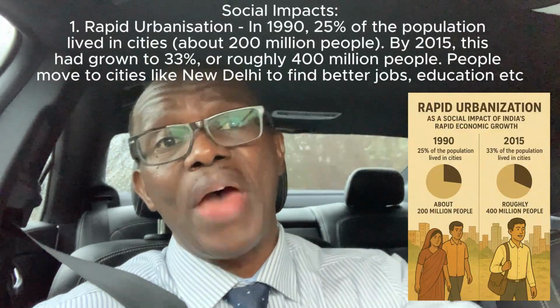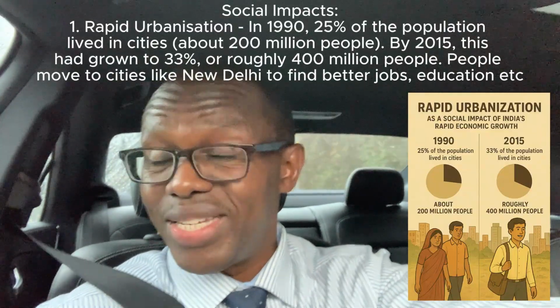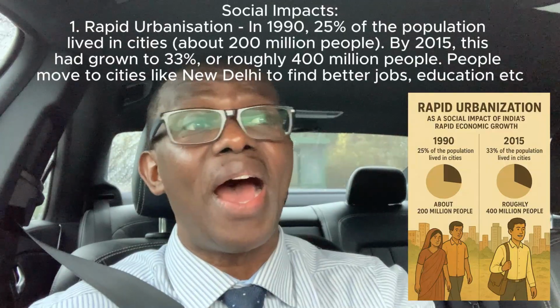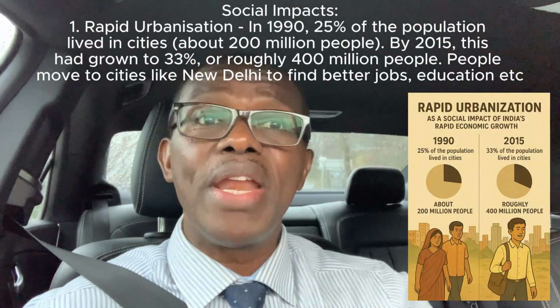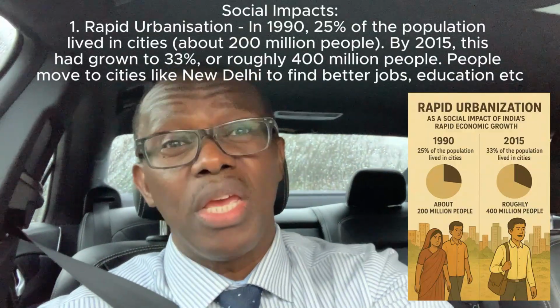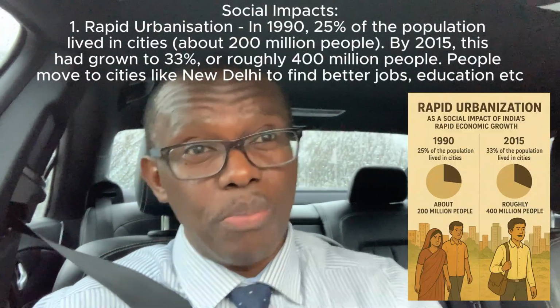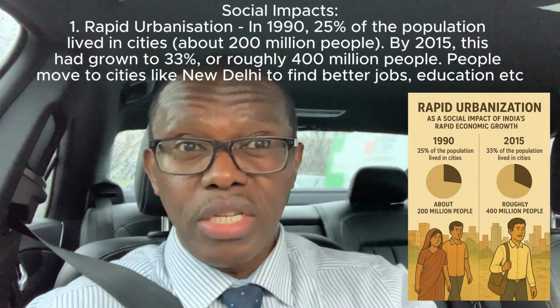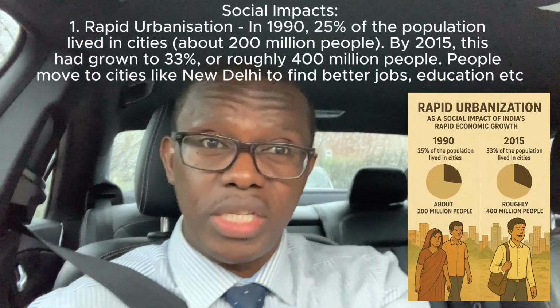And that obviously, between 1990 and 2015, that's a doubling of the number of people that live in urban areas. So that is quite rapid in terms of growth of people living in towns and cities.